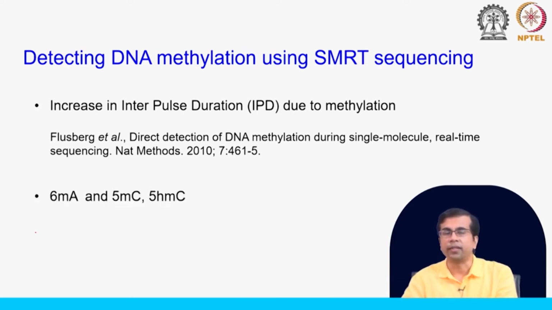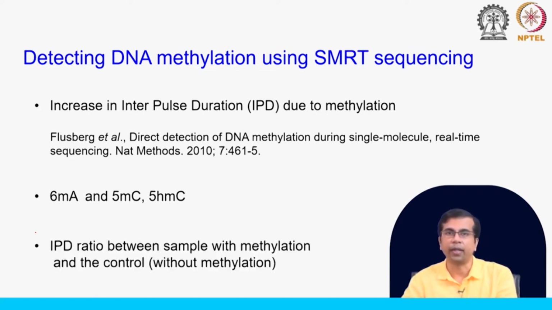It turns out that this method can detect 6mA as well as 5mC and 5hmC. You can imagine these chemical structures are different, so they affect these parameters in different ways, which we can then use to identify these methylation patterns.